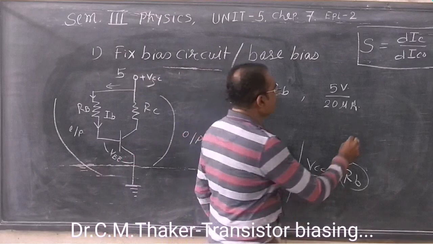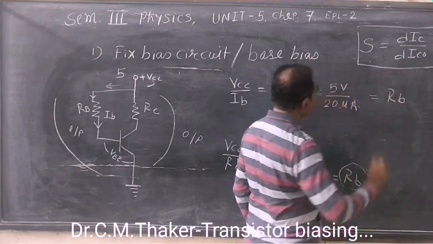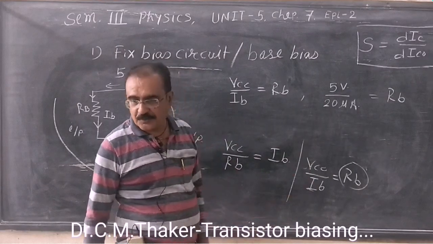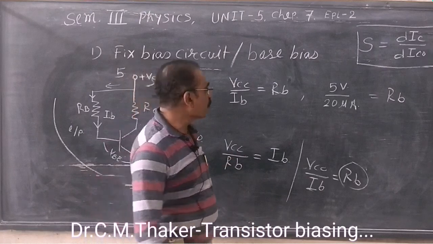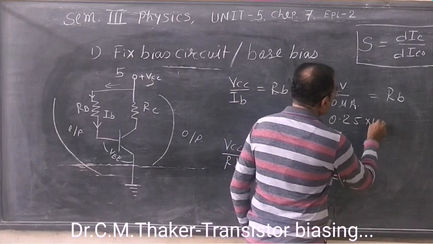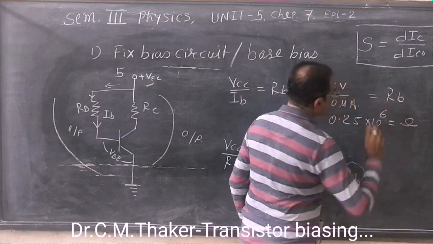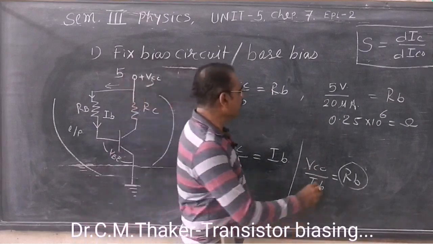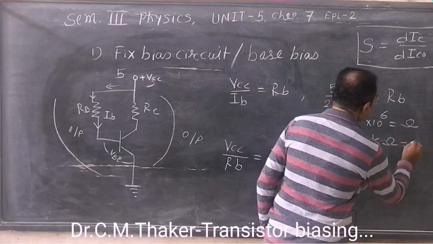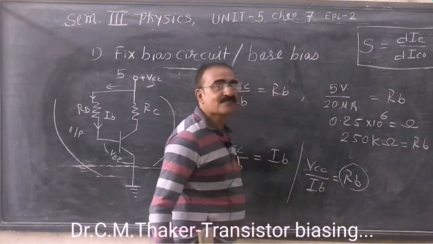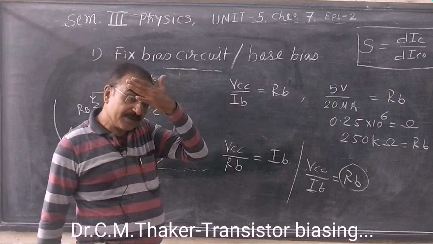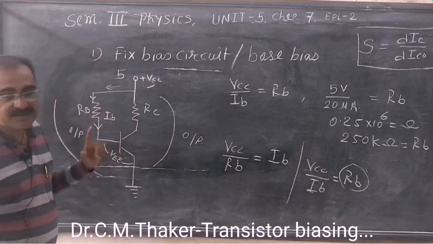So this will be your resistance RB. You can solve it easily. The value is almost 0.25 into 10 raised to 6 ohm. So this will be 250 kilo ohms is equal to RB. So RB becomes fixed. That's why, I repeat, the name is fixed bias circuit.